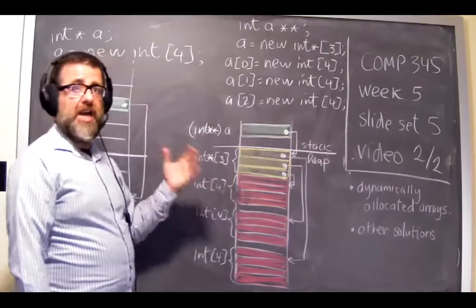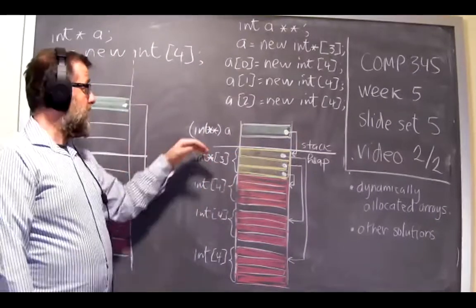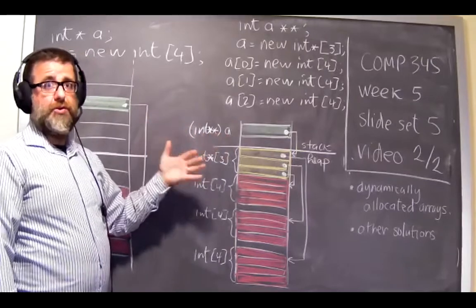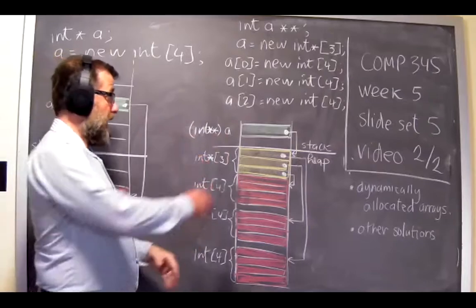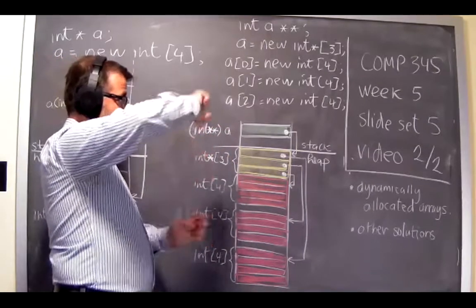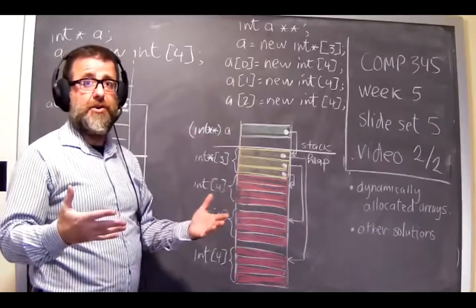If you had 3 dimensions, then A would need to be a pointer to a pointer to a pointer to an int. You would have another layer of indirection.